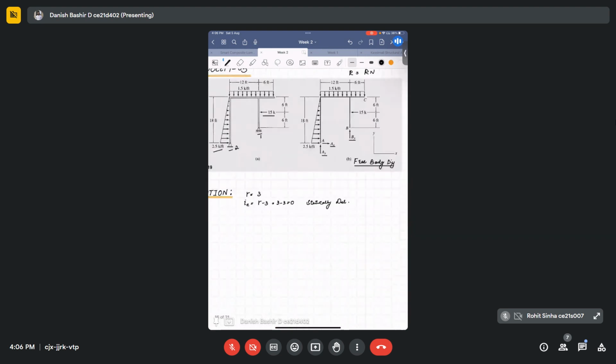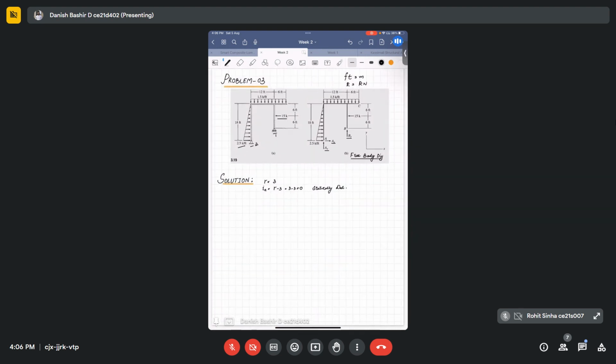So here again we can use only three force equilibrium equations. First, using summation of Fx is equal to 0, and we are taking loads acting in this direction to be positive.